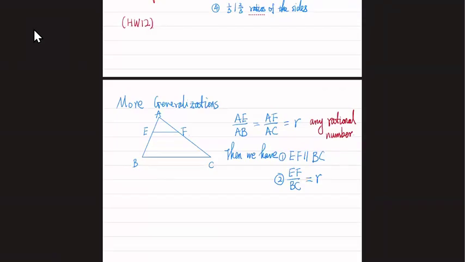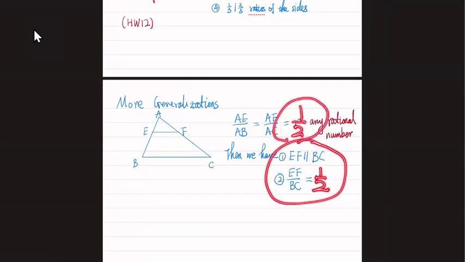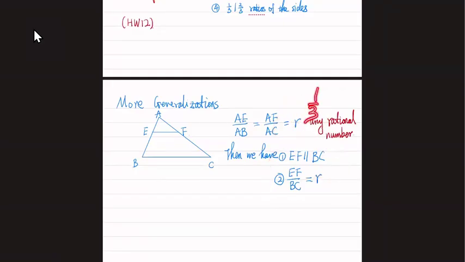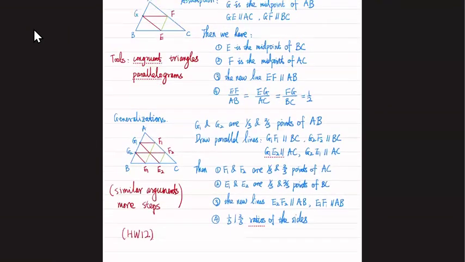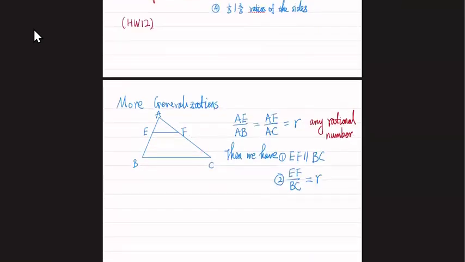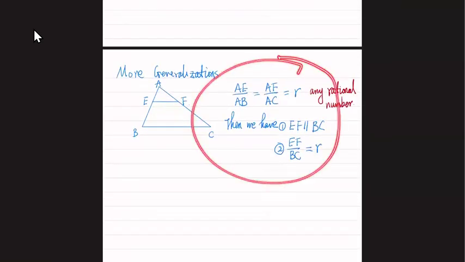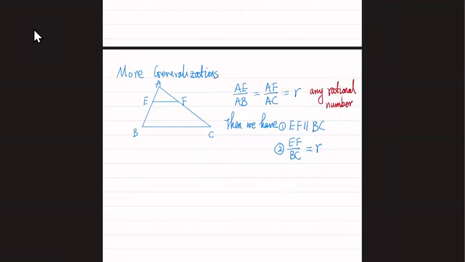It's a big generalization. If this is 1/2, we have this 1/2. This is kind of the midpoint theorem. If it's 1/3, it's 1/3. This will be what you will prove in this week's homework. So the same argument, congruent triangles and parallelograms can be used to prove this theorem for any rational numbers.